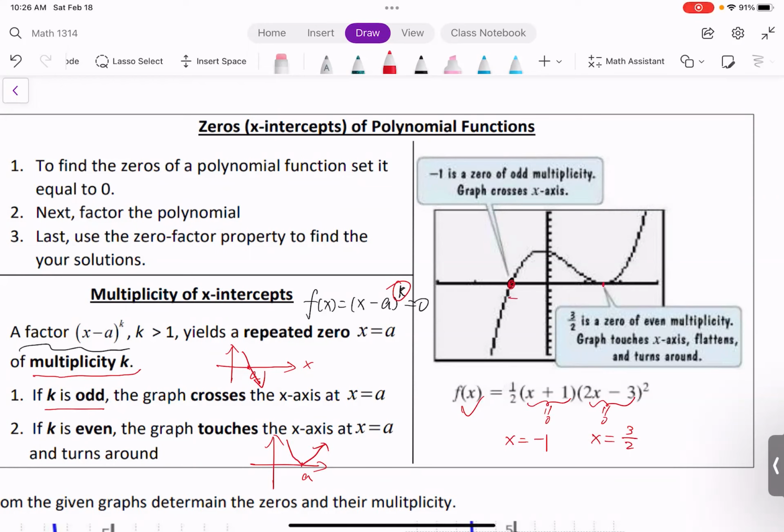The first point is negative 1, another point is 3 over 2. We mentioned that if the multiplicity, the power here, is odd, then the graph crosses this point. If the multiplicity k is even, it touches and bounces off.